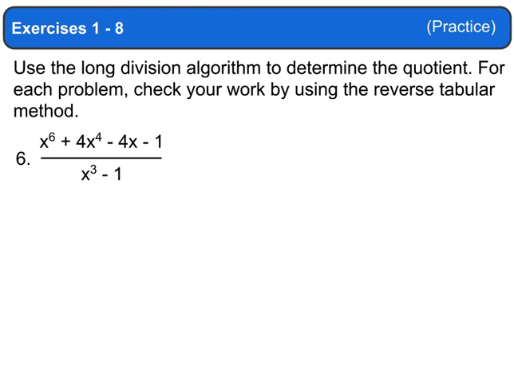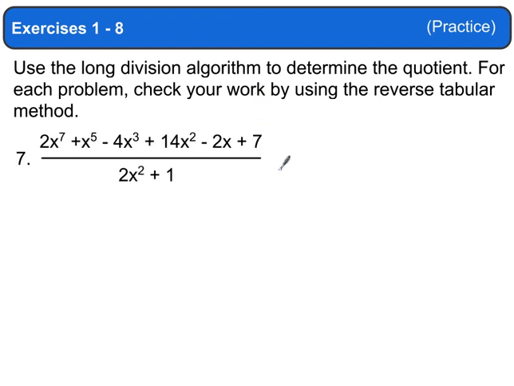For number 6, your answer should be x to the 3rd plus 4x and then plus 1. The answer for number 7 is x to the 5th minus 2x, and then plus 7.